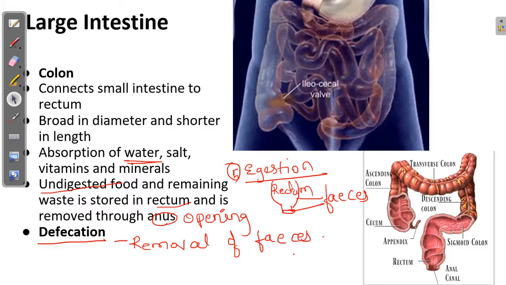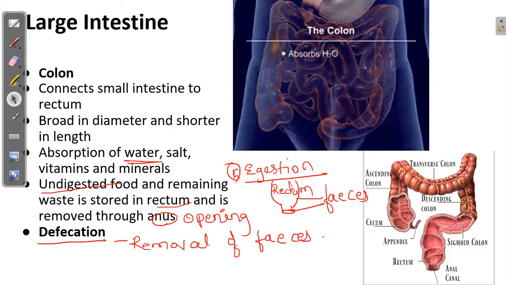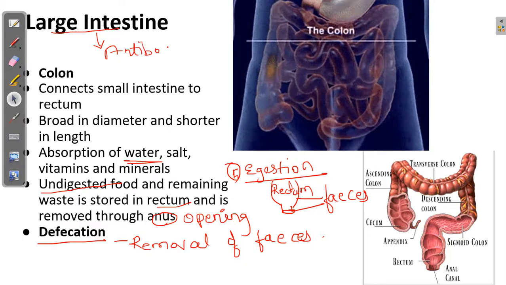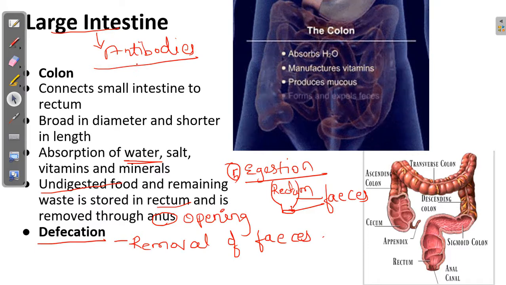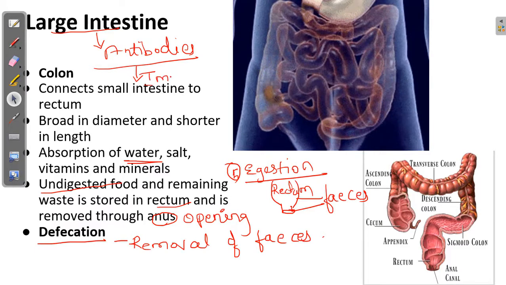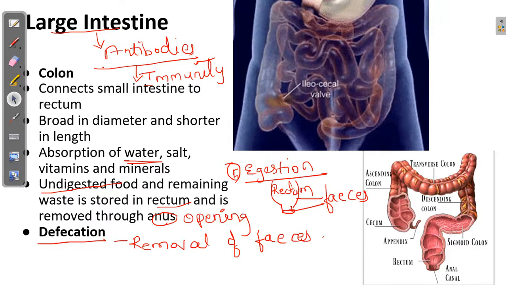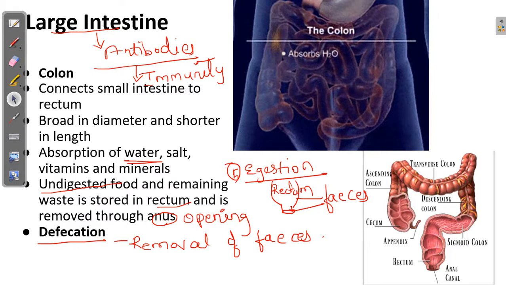One additional point I would like to mention about the large intestine is that it secretes some antibodies. Our large intestine has the power to secrete antibodies which will help you develop your immunity, or make your immune system stronger.